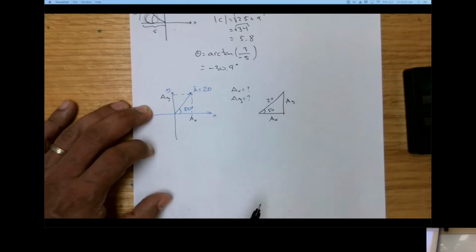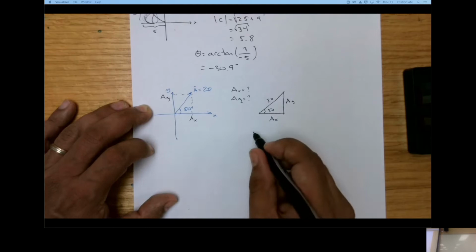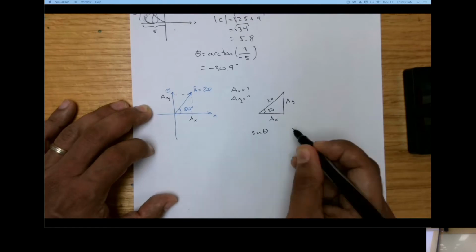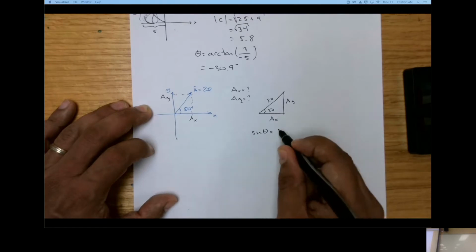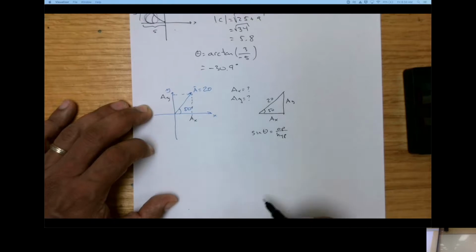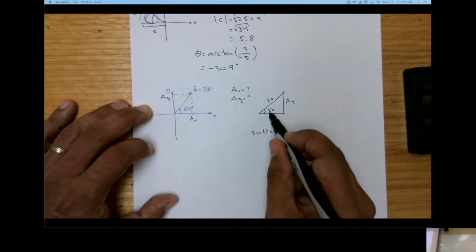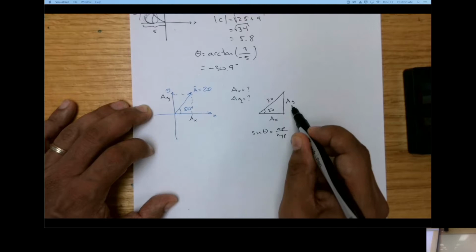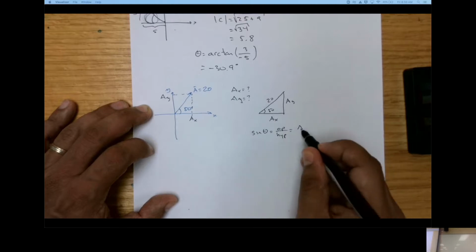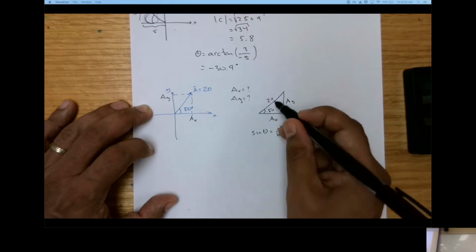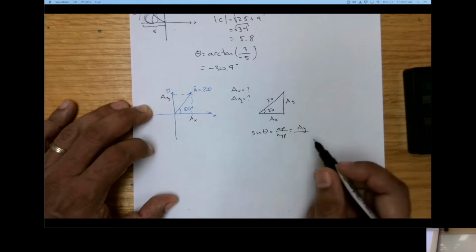There are different options. You can do sine of theta, which is opposite over hypotenuse. In this case, the opposite of this angle is the y component, and the hypotenuse is the magnitude of my vector, which is 20.